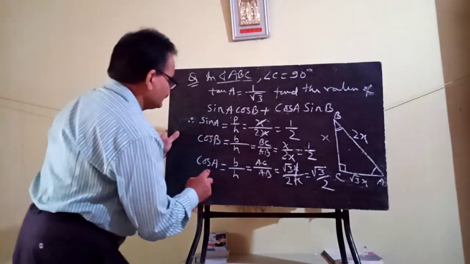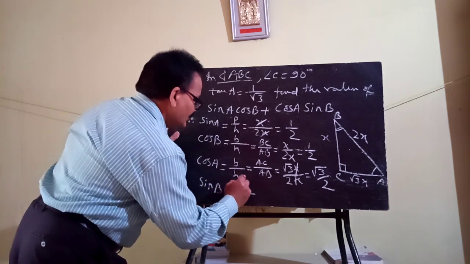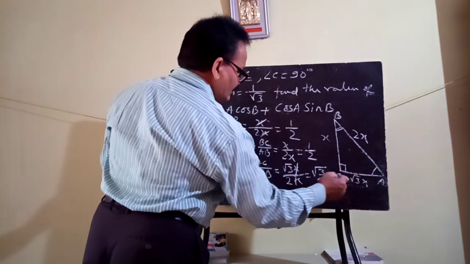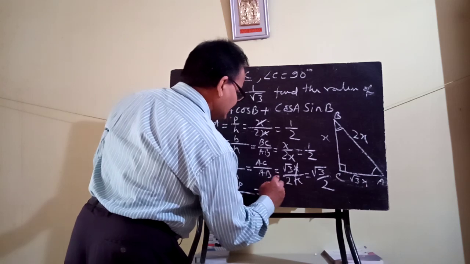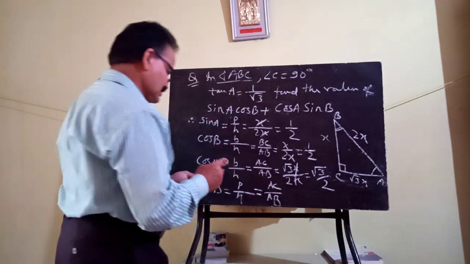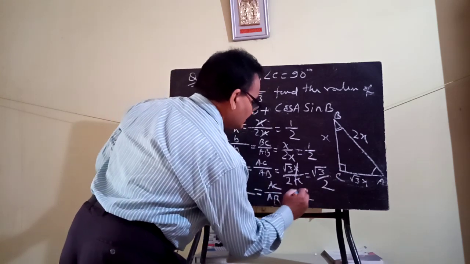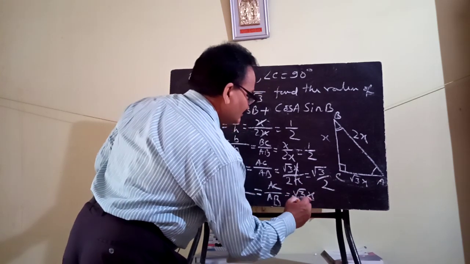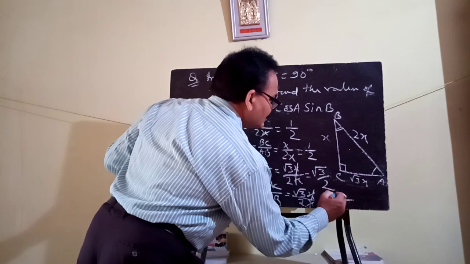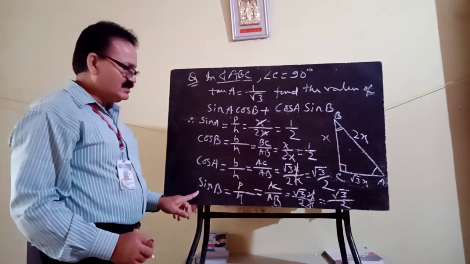Now sin B. For sin B, this is P by H. For angle B, P is AC and H is AB. AC is root 3x by 2x. Again x cancels, and this becomes root 3 by 2. This is your sin B.